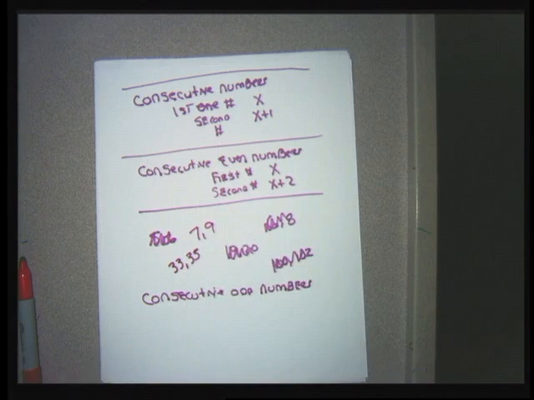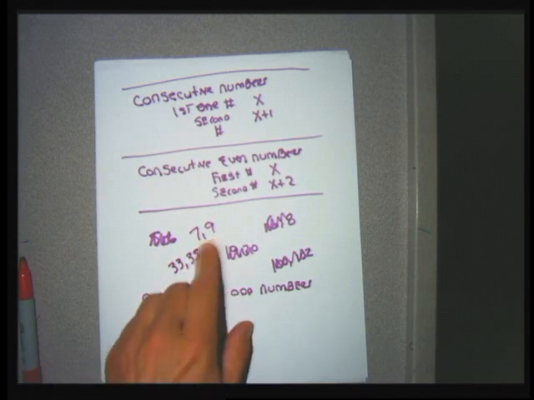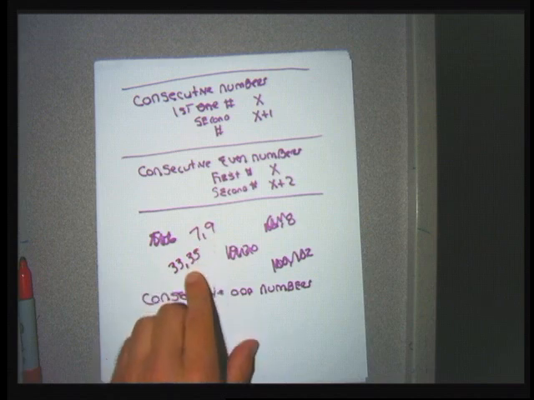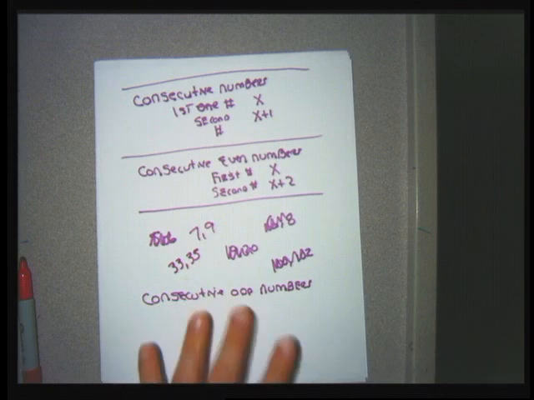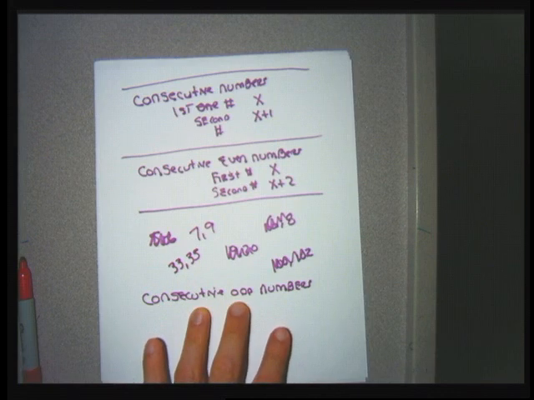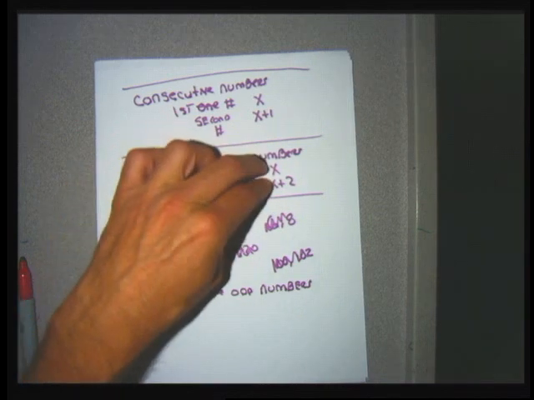Again, they're not next to each other, but if I delete even numbers from a number line, then 7 and 9 would be next to each other because I would have deleted the 8. 33 and 35, on a number line, 34 is between them, but if I delete the even numbers, they're next to each other. These are consecutive odd numbers, and consecutive odd numbers are 2 apart, just like consecutive even numbers are 2 apart.